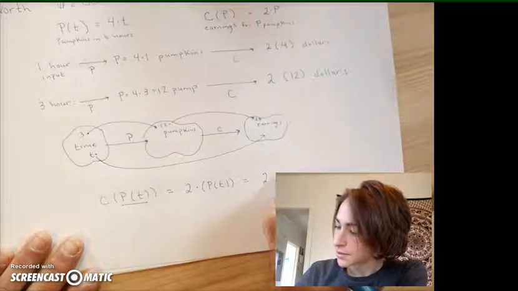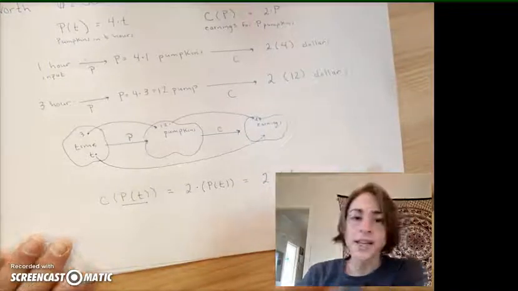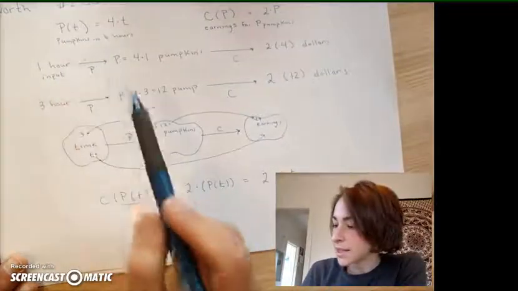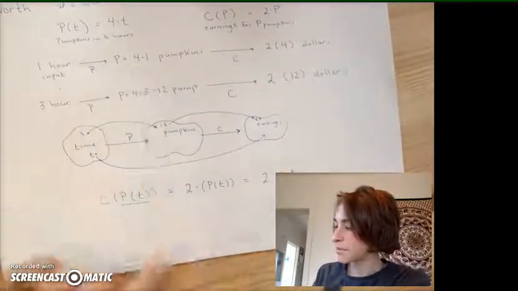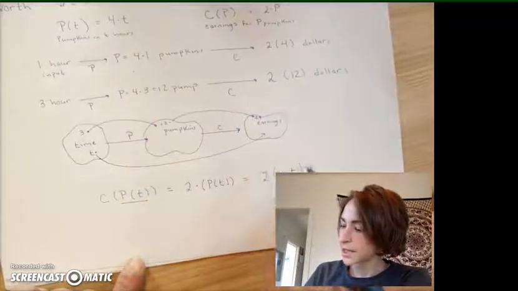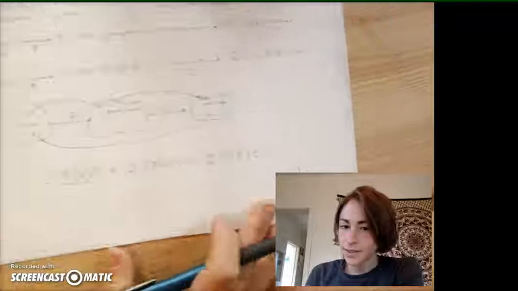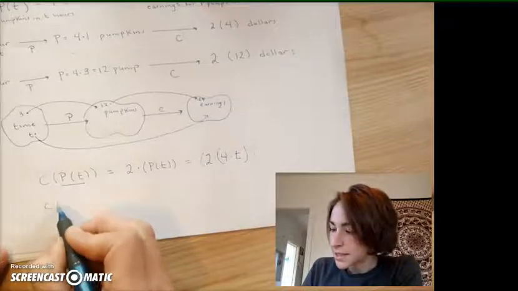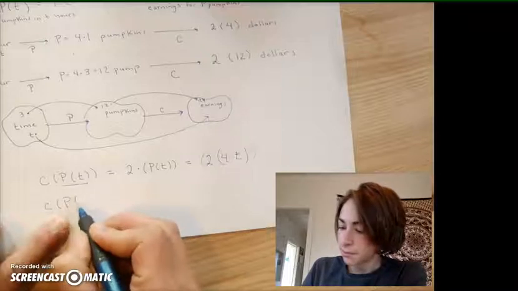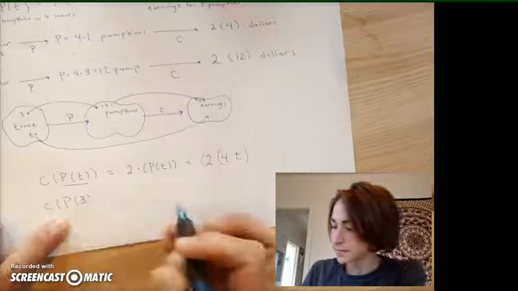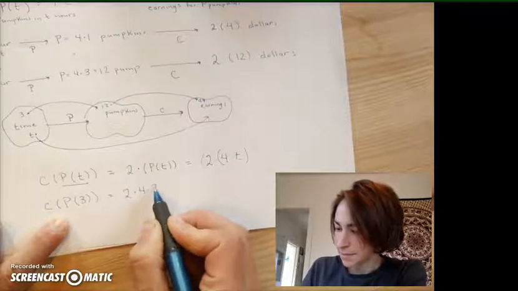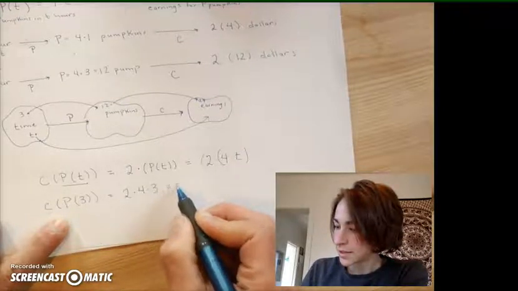So 2 times 4 times t. And it's clear from these two examples that that's what's going on. We take the time, we multiply it by 4, that's this part of it, then we multiply that by 2 to get the whole thing. So for example, C, the earnings for 3 hours, would be 2 times 4 times 3, which is 24.